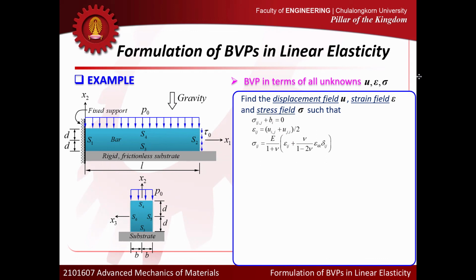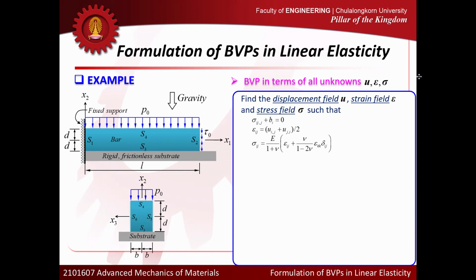But if you don't like the expression of stress in terms of strain, let's say that you prefer to express the stress-strain relationship in terms of the Lamé constants, lambda and mu. Don't forget to express those Lamé constants in terms of Young modulus and Poisson ratio as well. Because if you take a look at the information of the problem here, I gave you E and Poisson ratio, not lambda and mu.